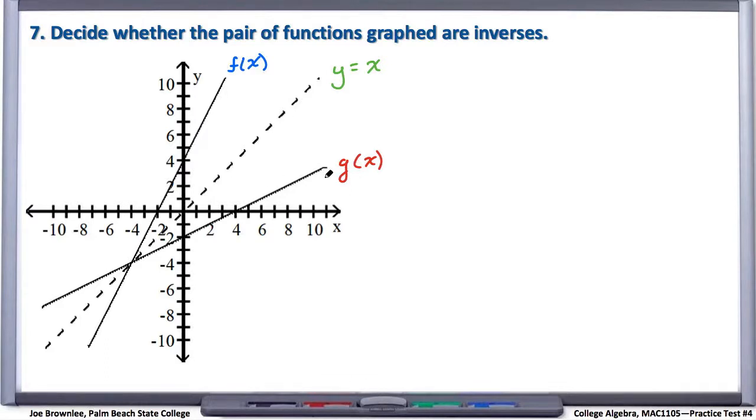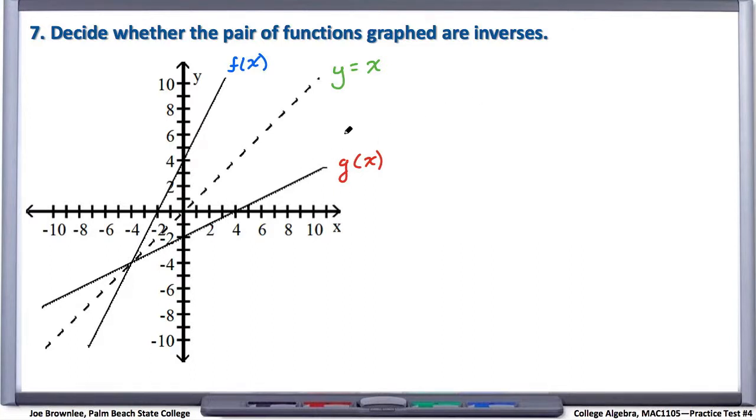What they're really asking you to do is visualize, if this was in fact a mirror, would f of x reflect over the mirror and become g of x? If we put a mirror right down the center where this dotted line is, y equals x, would the f of x line reflect and become the g of x function?